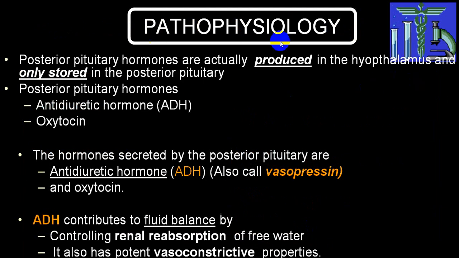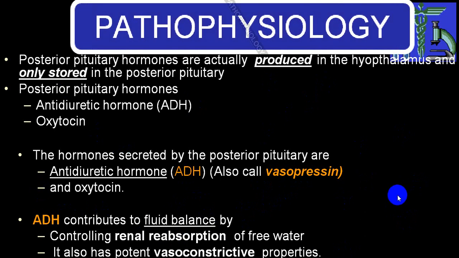Now there are two basic pathophysiologies. In the central variety, the production of ADH hormone decreases, hence the action of ADH is reduced, and it will end up with decreased reabsorption of water, and there will be polyuria and polydipsia because of hypovolemia. So fluid imbalance will take place, renal reabsorption becomes less, and the person will develop polyuria and polydipsia.